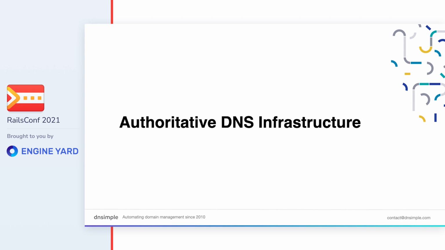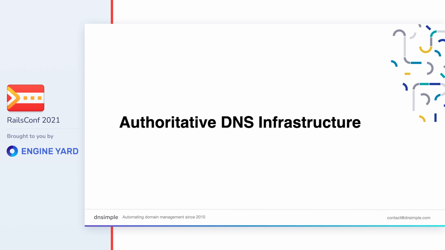Another major shift in our infrastructure was our authoritative DNS. In the early days, we were using only a few virtual private servers, and those would talk, as I mentioned earlier, directly to a MySQL database in order to get their zones. After a few years of operating this way, we moved to what's called an Anycast system.